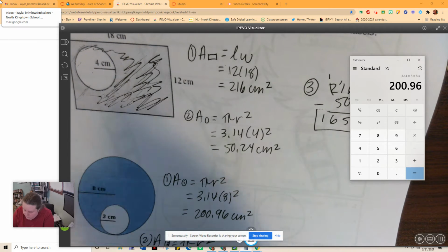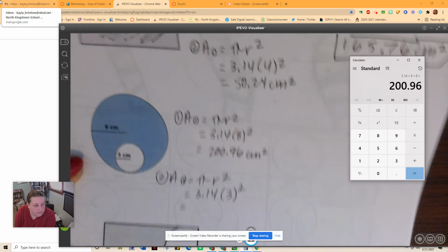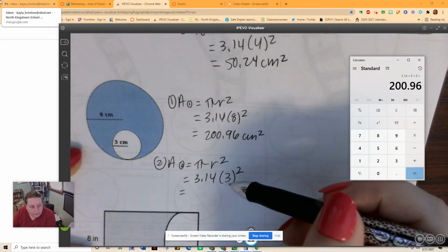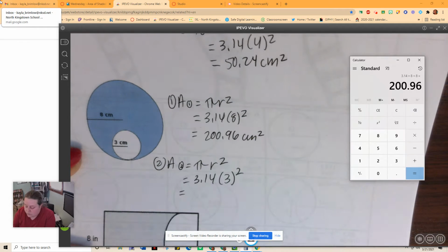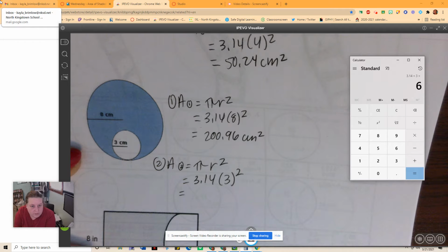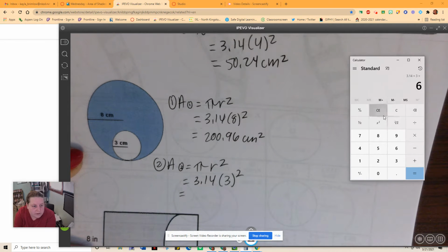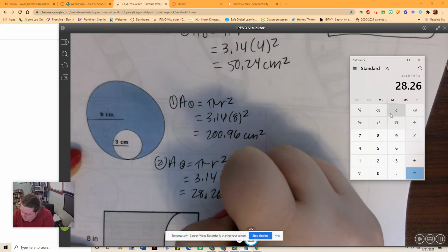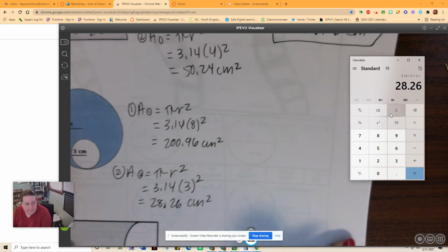So now I'm getting area of circle 2, which is still using pi times radius squared, 3.14 times 3 squared. So pi times radius squared, 3.14 for pi, radius is 3. Oh, whoops, I think I typed something wrong. I apologize. I'm going to start again. So pi times 3 times 3. There we go. 28.26 centimeters squared.